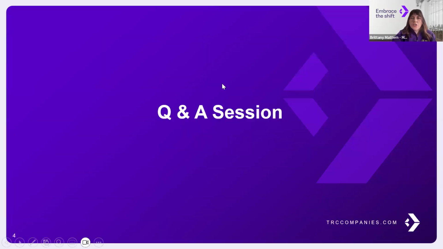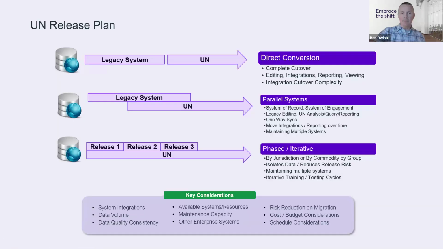Can we switch strategies mid-project if our timeline or resources change? Maybe I'll leave that slide up for this question. So the answer is yes. However, there are a lot of factors that could play into that.